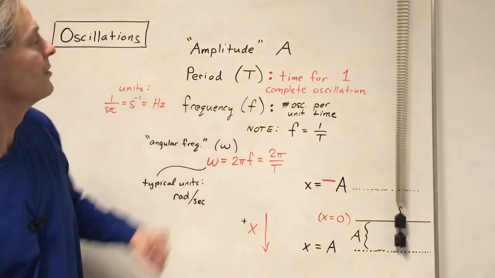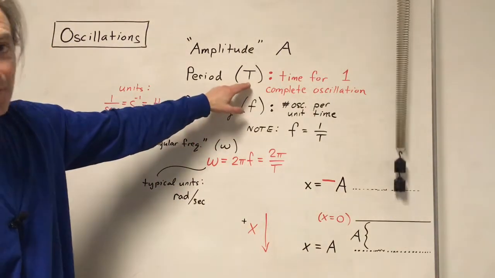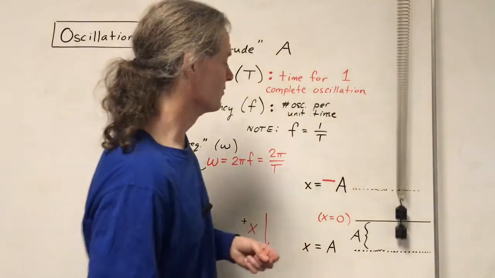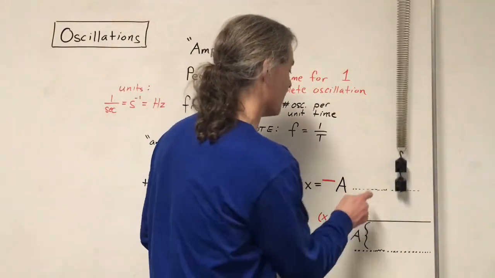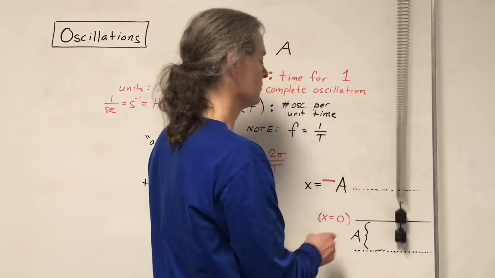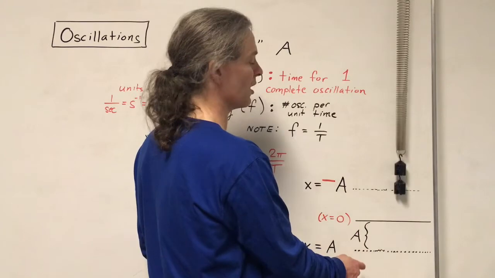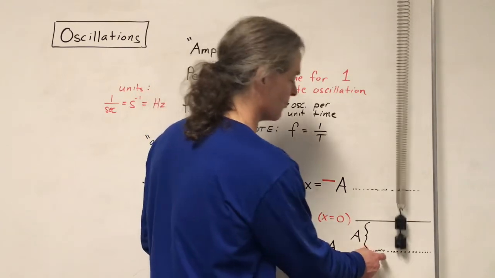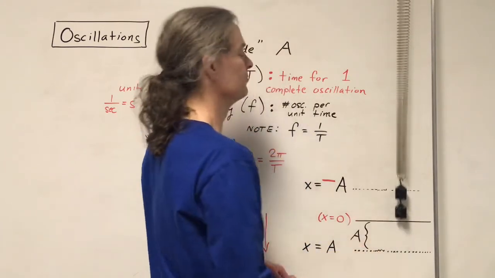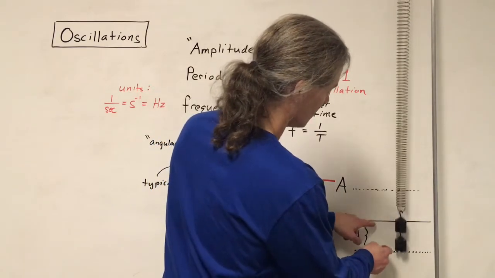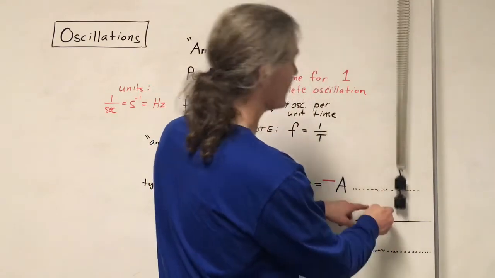Now, the period. The period, given by the symbol capital T, is the time for one complete oscillation. So like from now to now, starting at the bottom, going all the way up and coming down. Or you could even track it in the middle, from now to now.